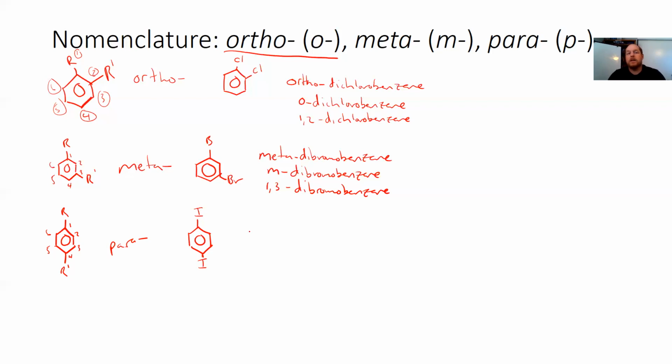Right, so this would be para-diiodobenzene, or para p-diiodobenzene, or 1,4-diiodobenzene.